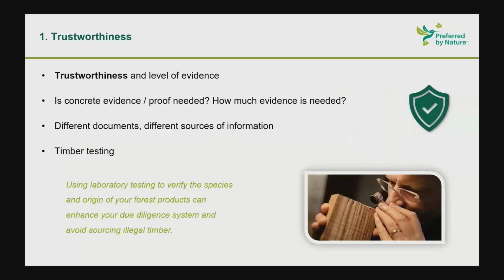So let's start with trustworthiness. So trustworthiness is something you want to have on your supply chain information, right? In some instances, it might be the case that you have an information sent to you by supplier by email, and you might find that it is enough, right? Because you have trust on this information.